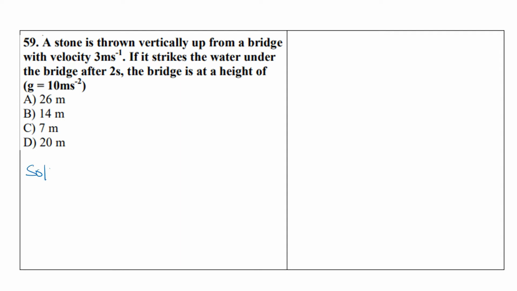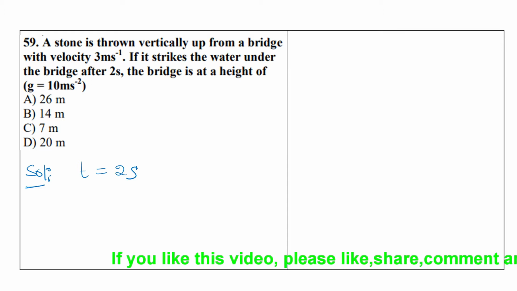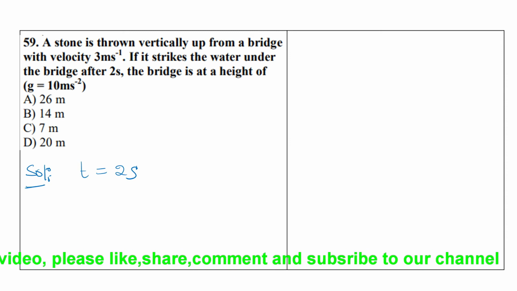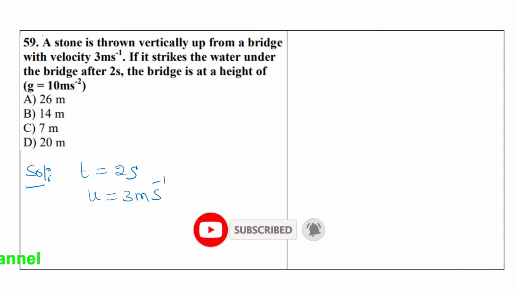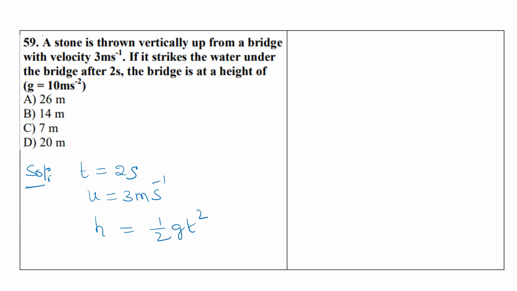Given t, that is time, is 2 seconds, and they gave the stone's velocity as 3 meters per second, so u equals 3 meters per second. We have to calculate the height of the bridge. So h equals half g t squared minus u t.